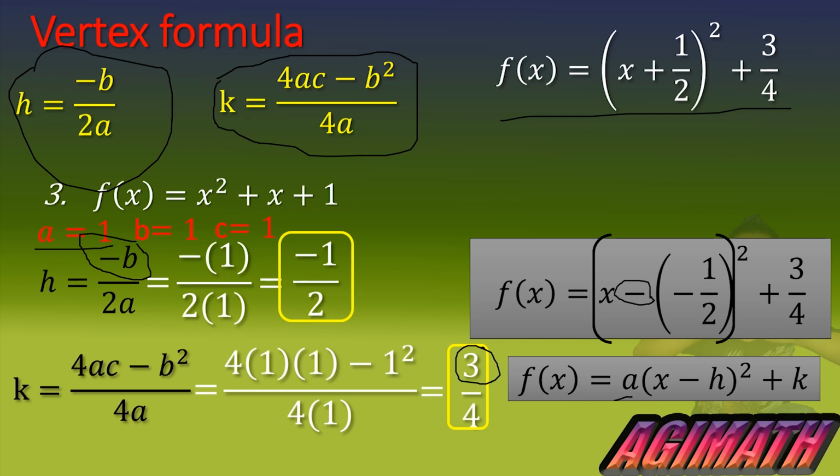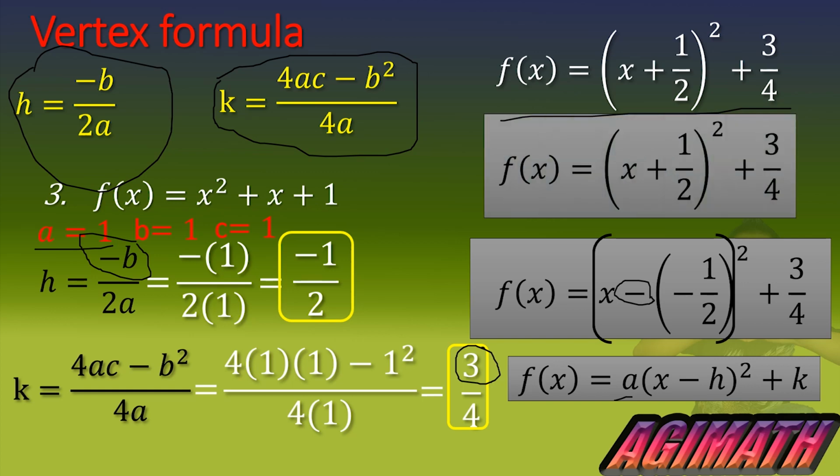And then I would like to emphasize this one. It doesn't mean that since we have plus k, this is always plus. It will depend on the value of k. Now, if the value of k is negative, of course, this will also become minus.